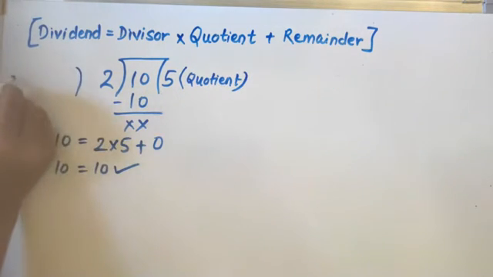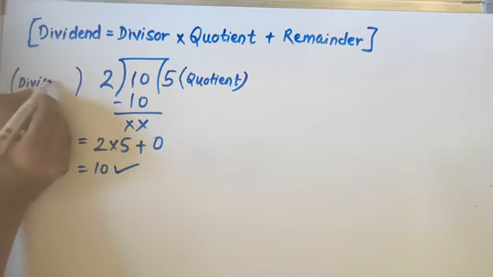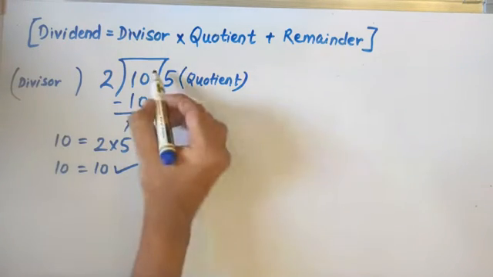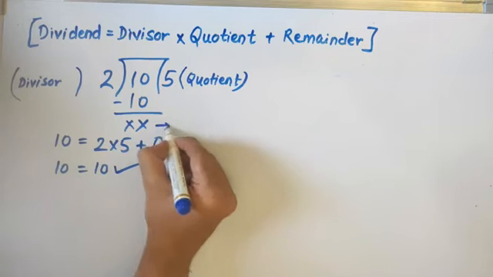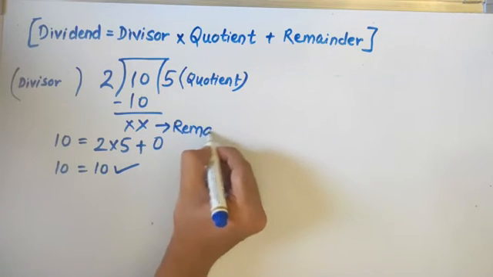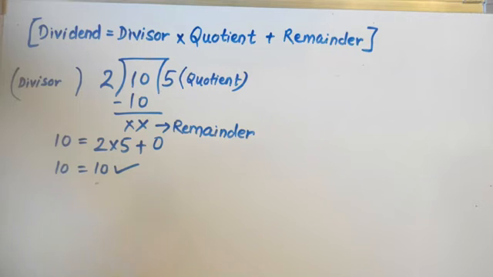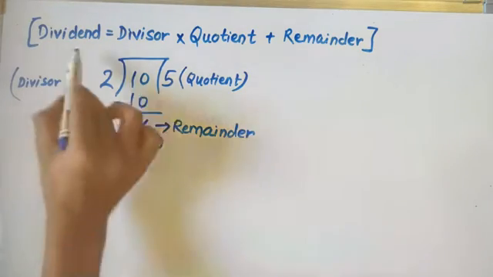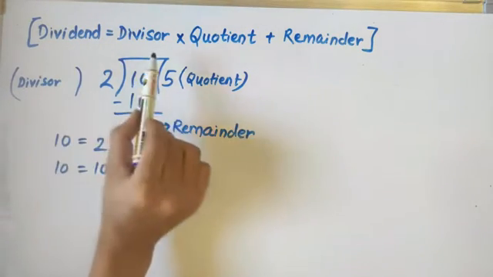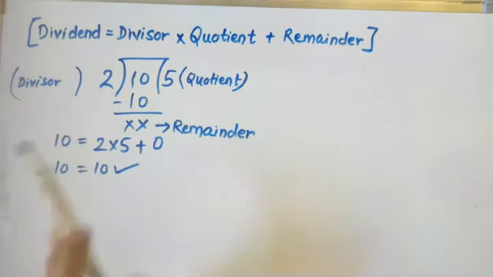This is the divisor. This is the dividend, this is the remainder. Are you getting this? So this is the basic. You must know all these basic terms: what is dividend, what is divisor, what is quotient, what is remainder. Let's move on further.